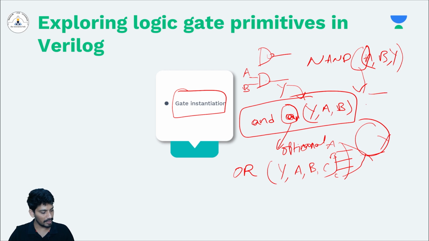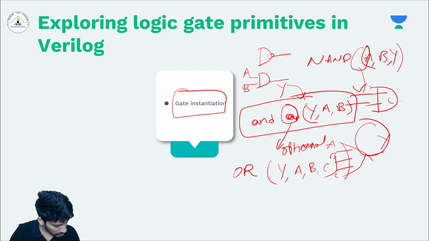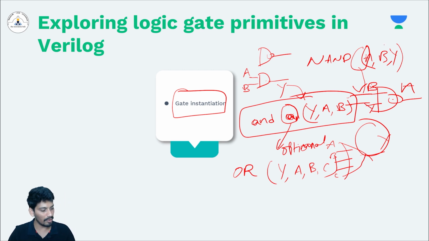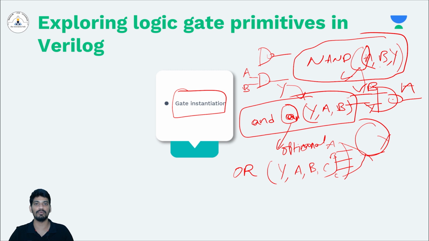So it will create a NAND gate like this, with output as A and inputs B and Y. So you have to define your output first, followed by the inputs. If the number of inputs is 2, just give 2 inputs. If the number of inputs is 5, you can give 5 inputs as well. So that is about gate instantiation.